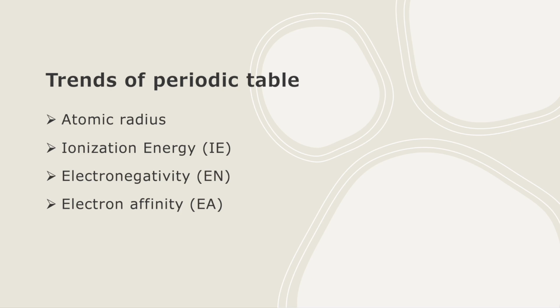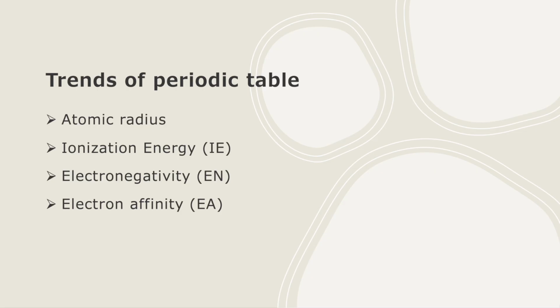So let me give you a summary on it. Electron affinity is the energy change when an electron is added to an atom. Across a period from left to right, it is more negative, meaning it increases. And down a group, meaning from top to bottom, it is less negative, meaning it basically decreases.